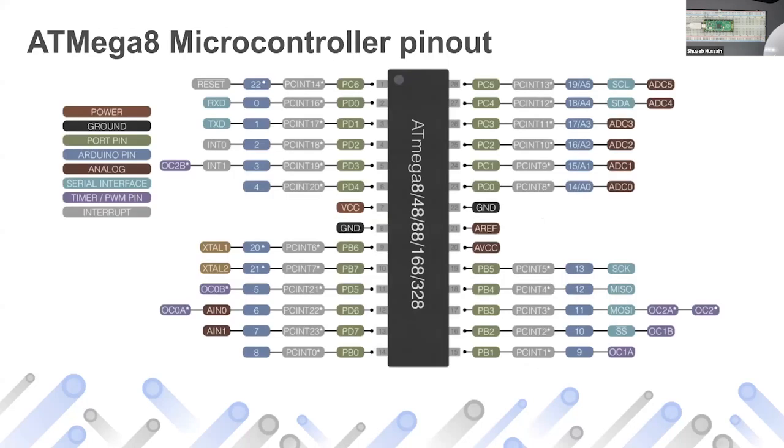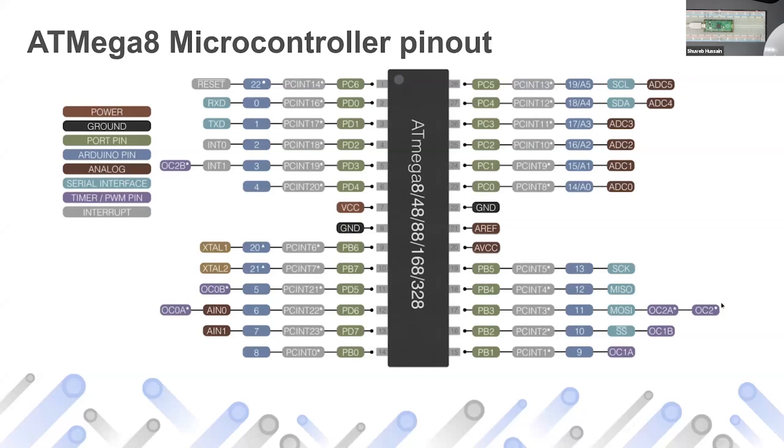But when it comes to a microcontroller, you can see that microcontrollers have, for example, this particular microcontroller, the ATMega8 or 48 or 88. These are 28 pin microcontrollers. For example, pin number 1 starts here, and then you wrap around to go up to pin number 28. But these pins have multiple capabilities, right?